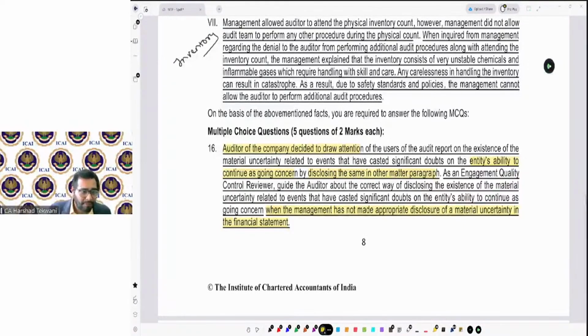Those events are present, plus management has not disclosed anything on the going concern or such material uncertainty in their financial statement. How will you deal with that situation?